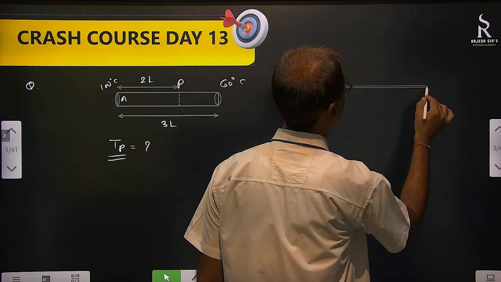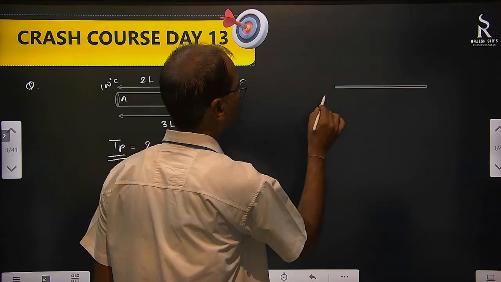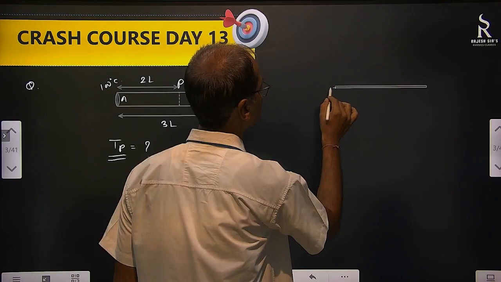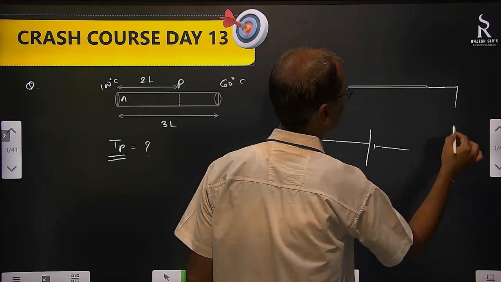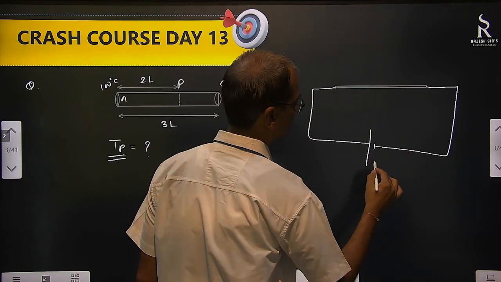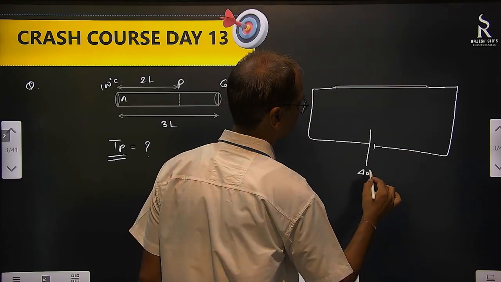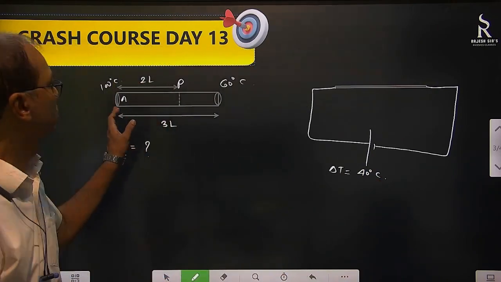This is our rod, then we are connecting it with a battery. The battery is 40 degrees centigrade. What is that? Delta T. Check, delta T is 40 only.